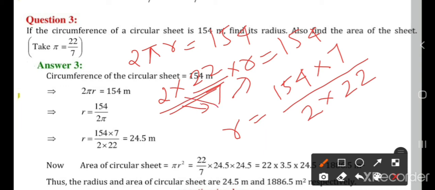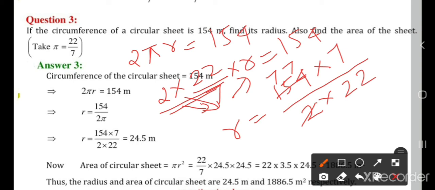Now you will find the value of r like this. 154 and 2 can be cancelled: 2 sevens are 14, 1 balance, 14 again, 2 sevens are 14. So here 77, here 22.